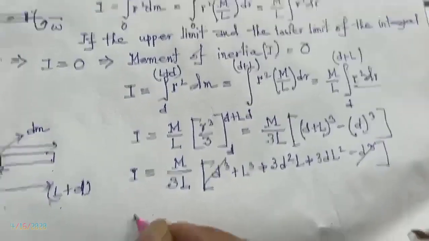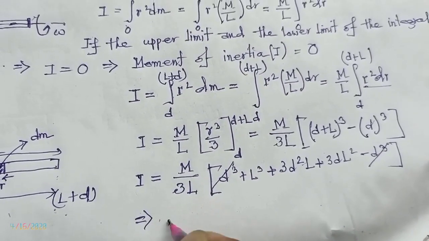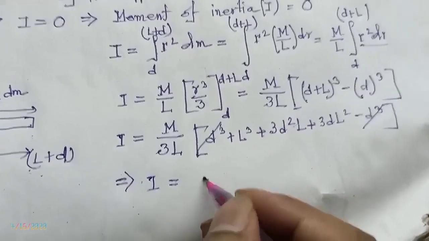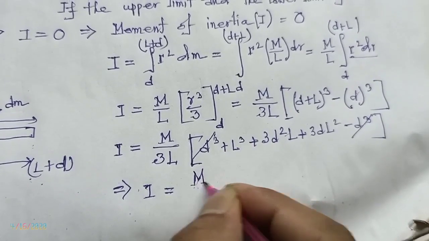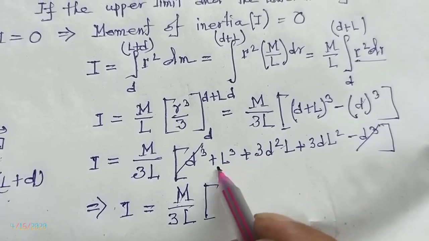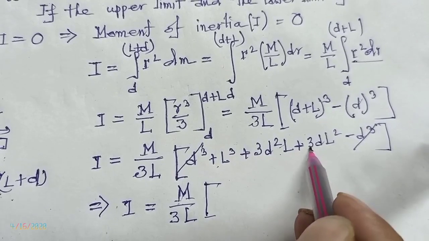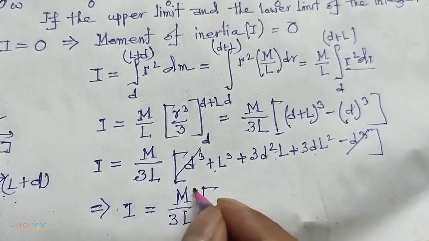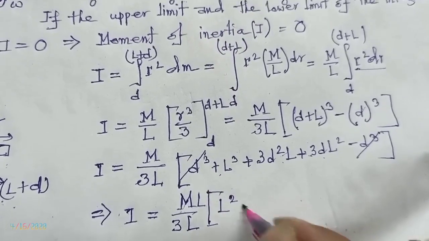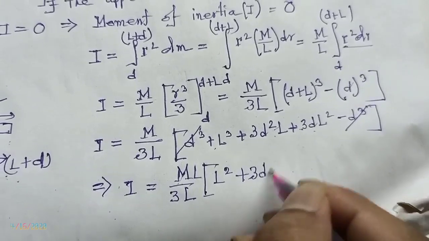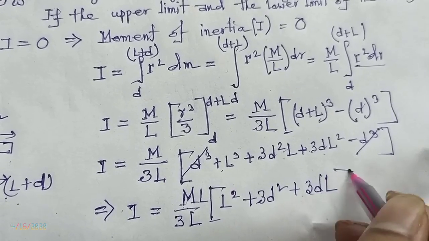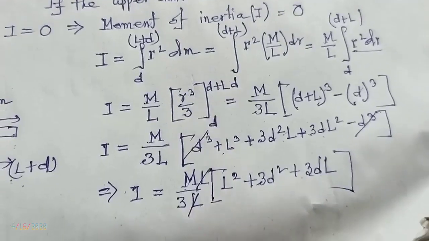So after this cancellation, what we get? The moment of inertia of this rod I becomes m divided by 3l into, and we see there is l cube, there is 3d square l, there is 3dl square. So we can take l as common. After taking common, the remaining thing is l square plus 3d square plus 3dl, and this l gets cancelled.